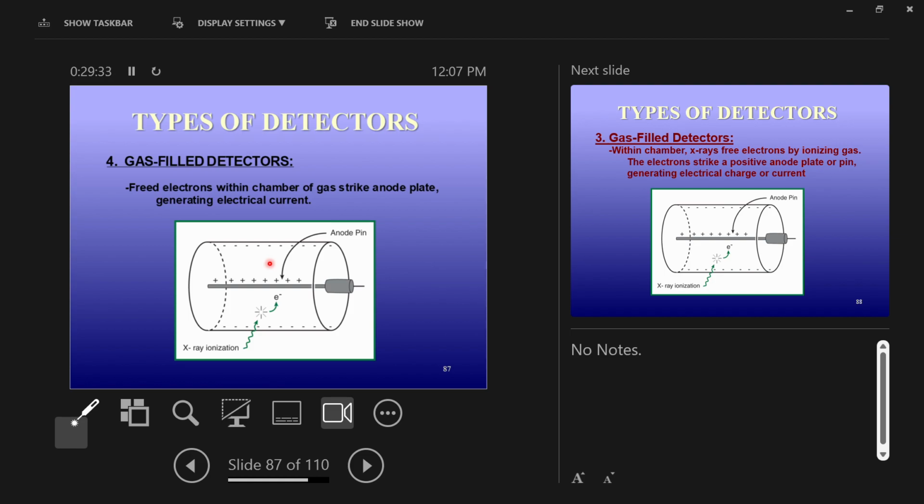They've run a positive electric charge through that pin. Negative charges are attracted to positive charges, and electrons have a negative charge. So you liberate some electrons, they're attracted towards the anode pin, and when they strike it, you get an amount of electric current running up the pin. That anode pin runs to the detecting device, and you can measure an amount of radiation with that.